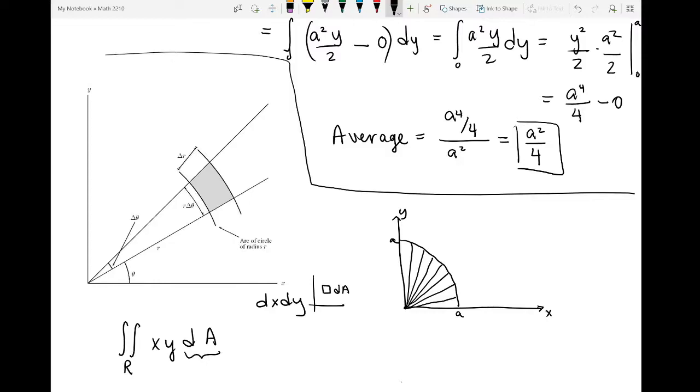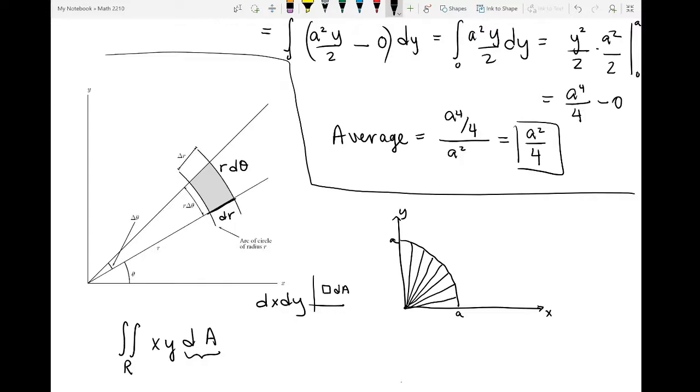Here, this area is some change in r, but as I go out further and further, the change in theta gets larger and larger. So it's not just dr times d theta, because as we go out, it gets farther apart, and that is a product of how far I go out and the distance between the two angles. So there's a little bit more to this picture.